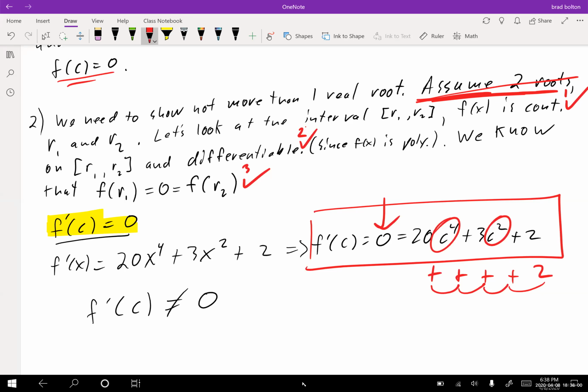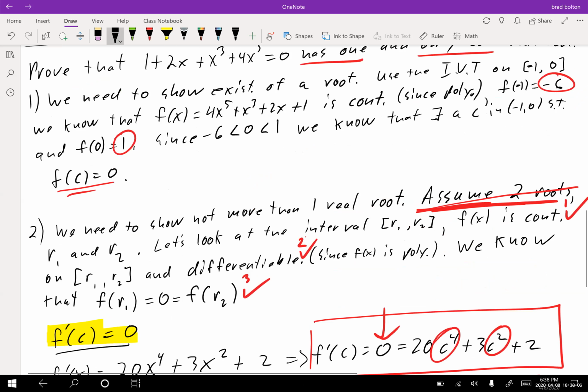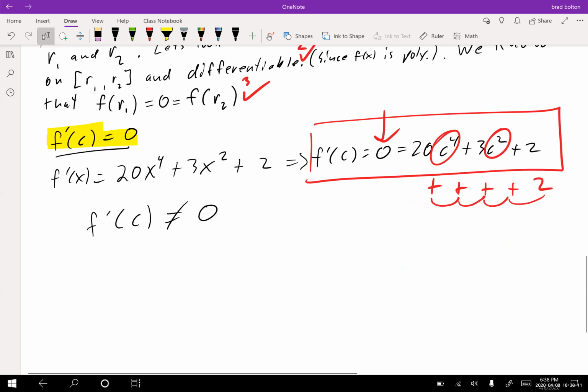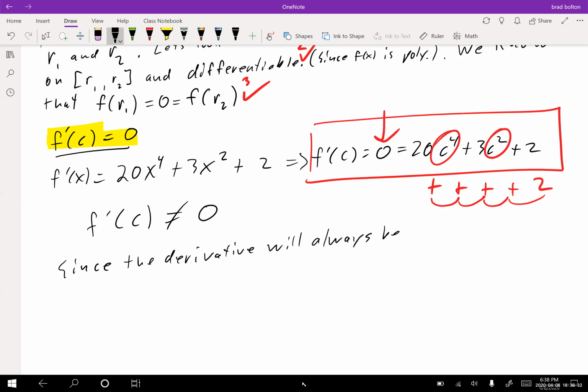Well, then what must be true? If 2 roots don't exist, then it must only be 1. So we have now shown that there is 1 root right here, with part 1. And we have shown that there's no more than 1 real root with part 2. So we say, since the derivative will always be positive, it cannot equal 0.